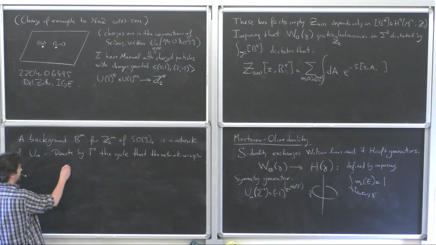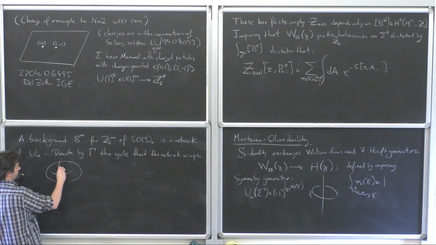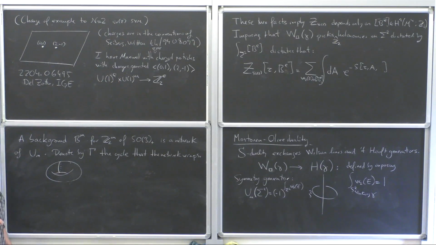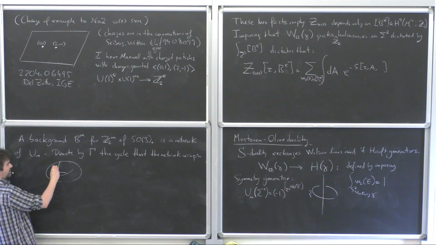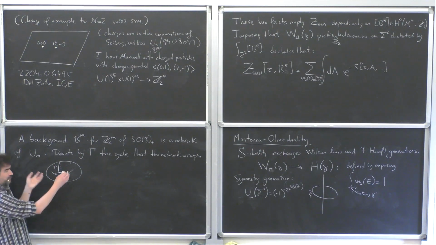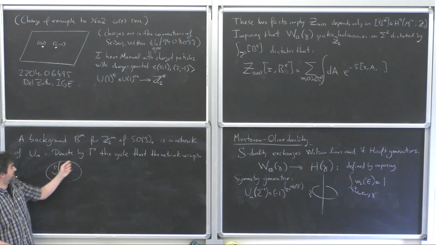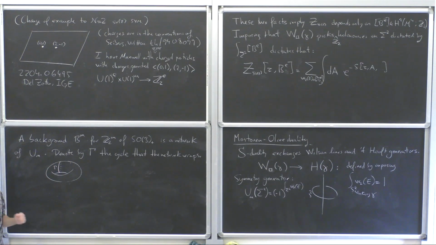I have a network. Let me do it in low dimensions. Maybe it's something like a line here. I'm wrapping this what gamma would be, and then I'm putting operators U in here, and that introduces a background for the magnetic symmetry. The only difference is that I'm in 4 dimensions, so this picture should be 4-dimensional, and gamma itself is 2-dimensional.